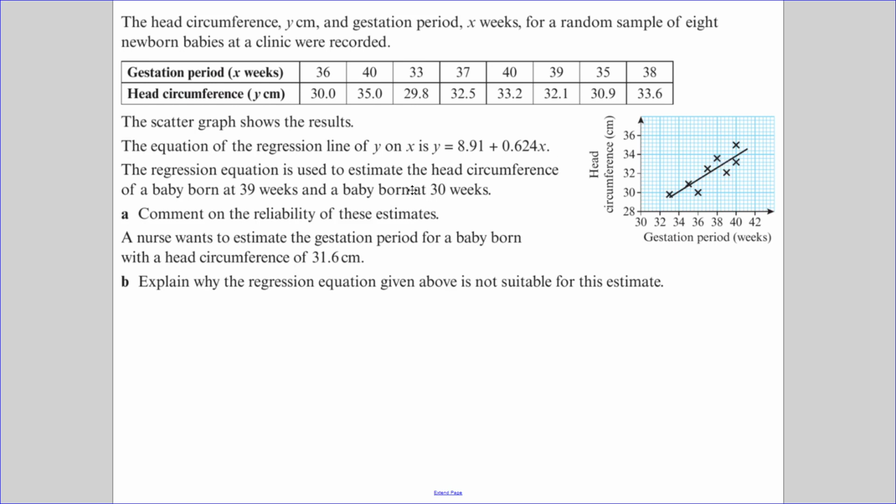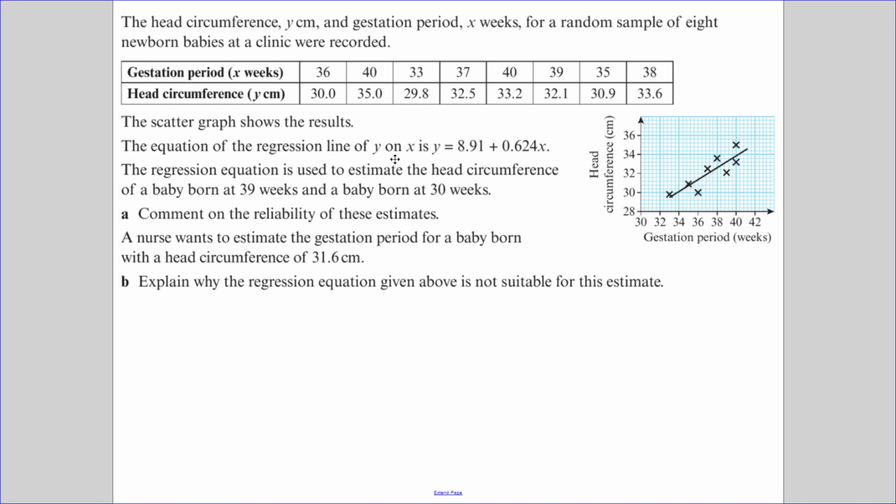When we come to look at 30 though, 30 is outside our set of data. Because if we look here, we're looking at x, not y. So this 30 here is a y value. So we're looking at 30 weeks gestation period. There's no 30 in here. This actually starts at 33. So this is going to give us an unreliable estimate. So this is extrapolation. It's outside of our data set. It's actually over here.